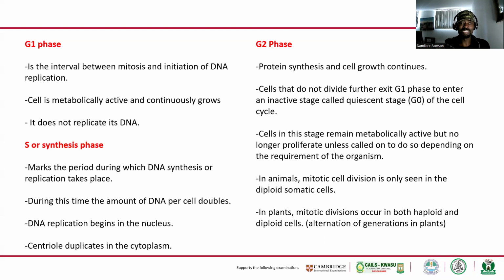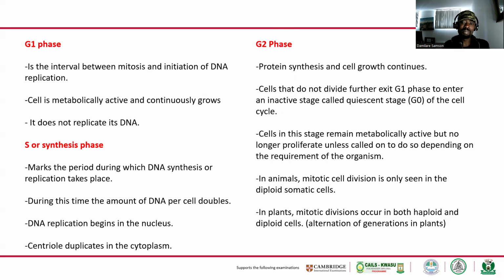Do you understand what I'm trying to say? That one is a sex cell. The body cell is called the somatic cell. So mitotic division basically occurs in diploid somatic cells, meaning they have 2n, 46 chromosomes in human beings, for example.